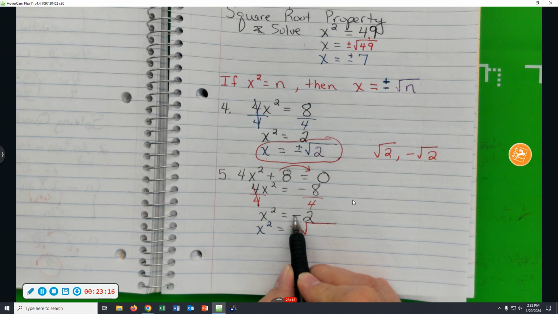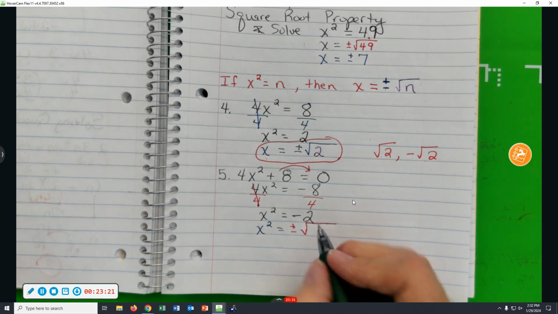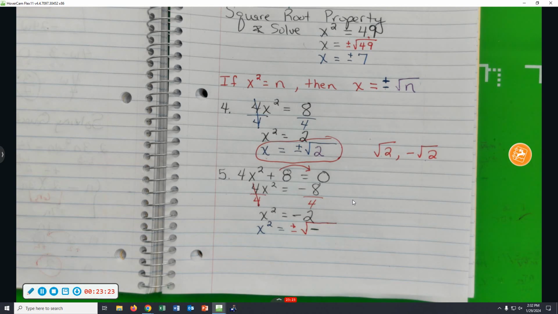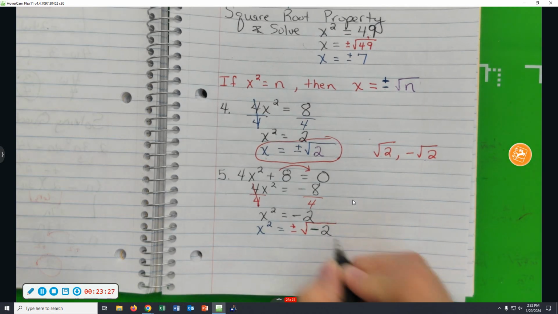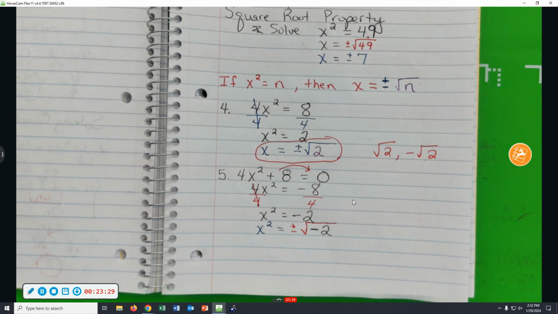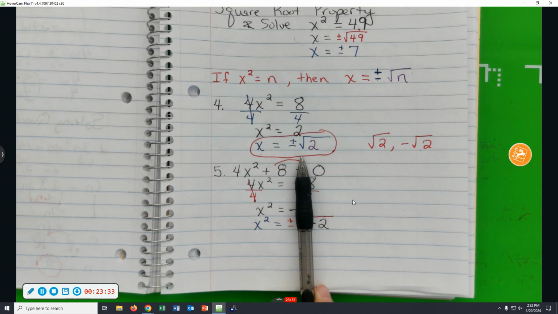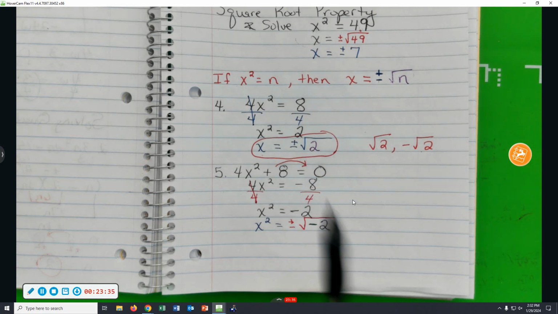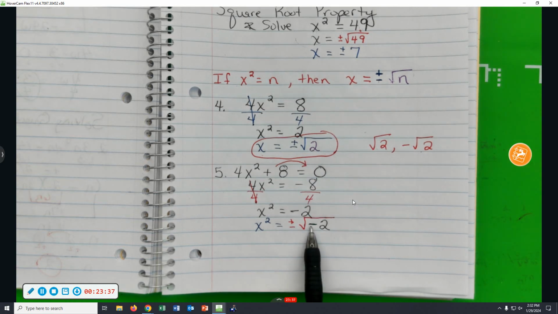It's negative 2. You know what? I'm going to make this negative green. Because we're not finished. Up here on this one, we were finished. But because of this negative, you never, ever, ever leave a negative under a square root symbol.